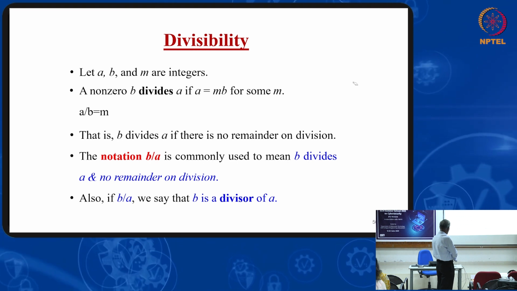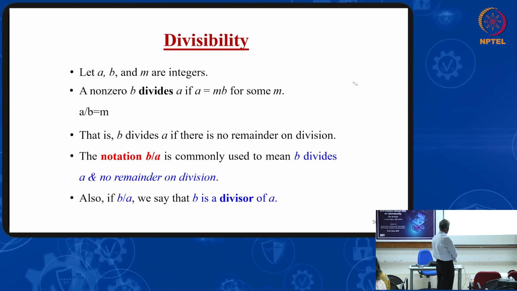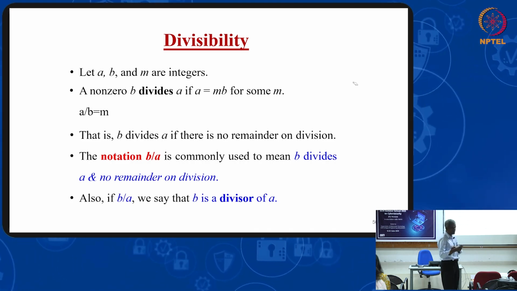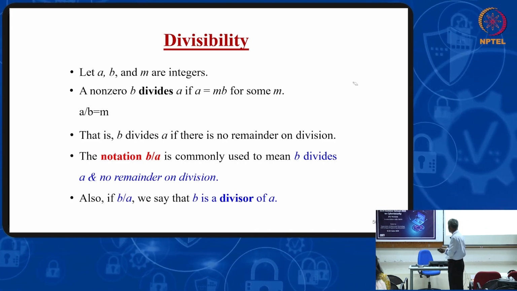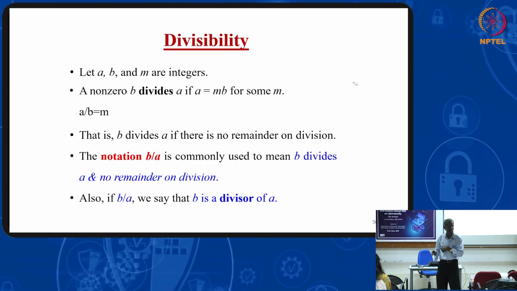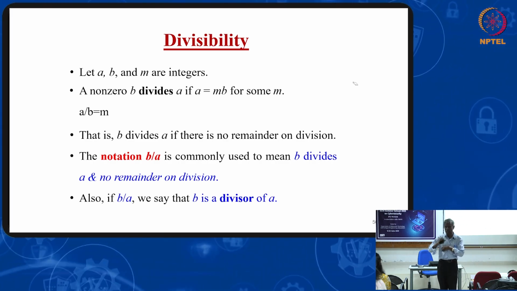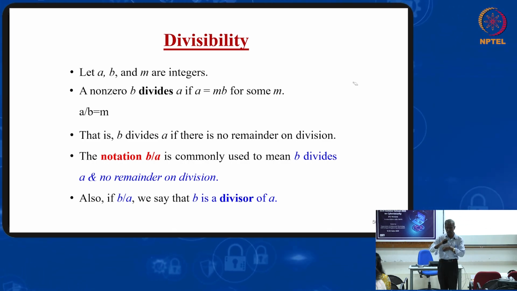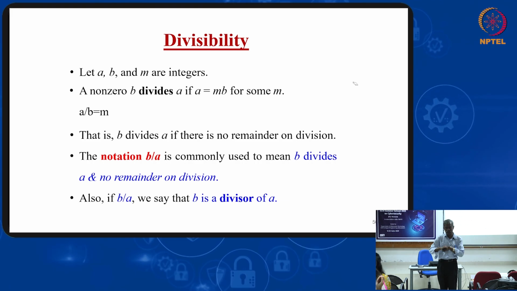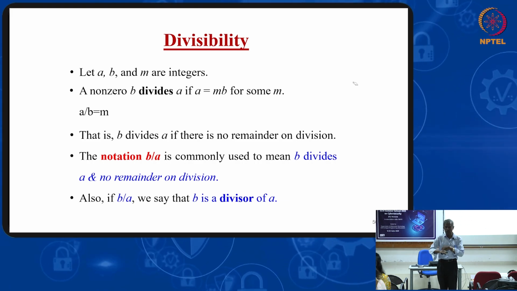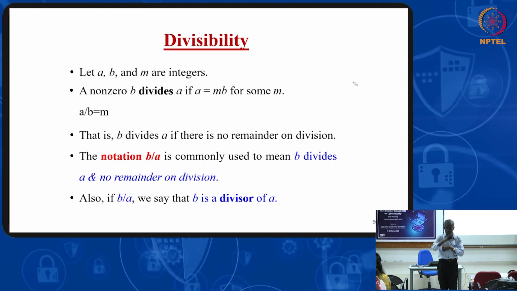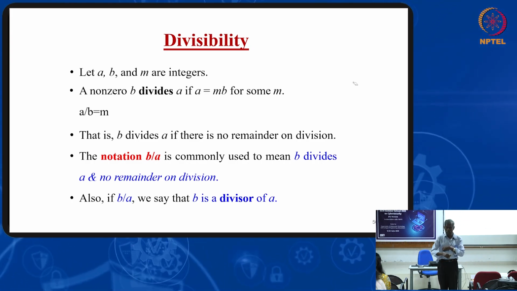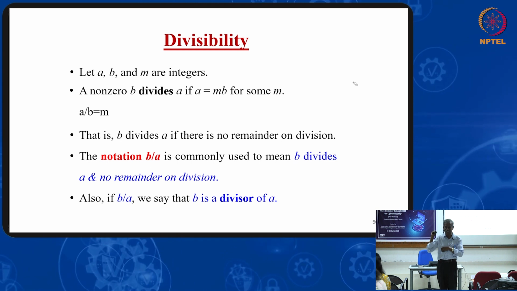Now you can write 10 equals 2 into 5. That means A equals B into M.